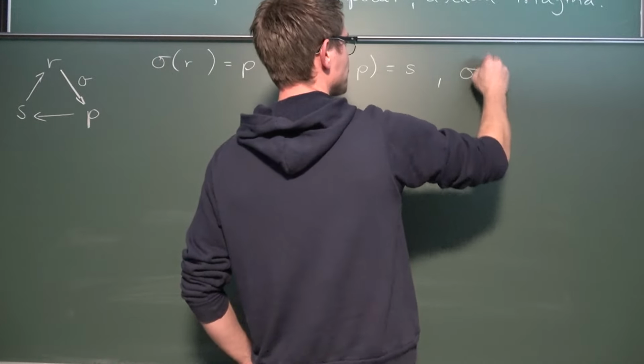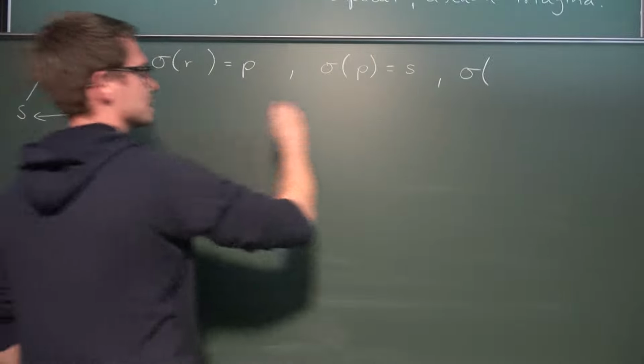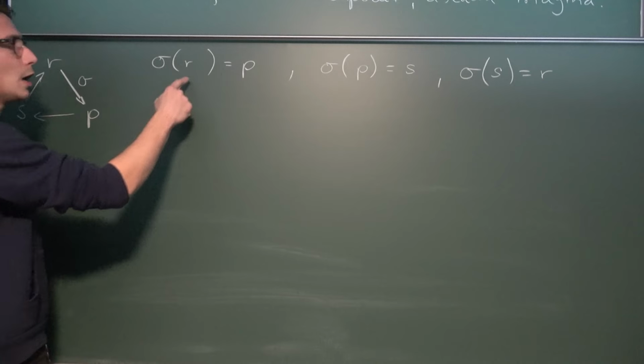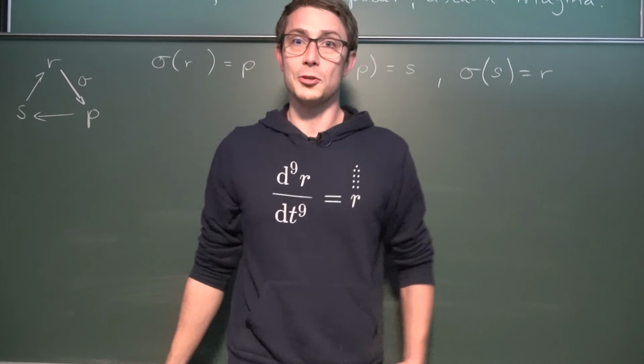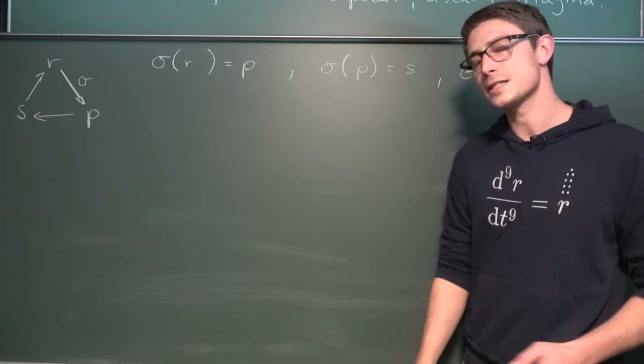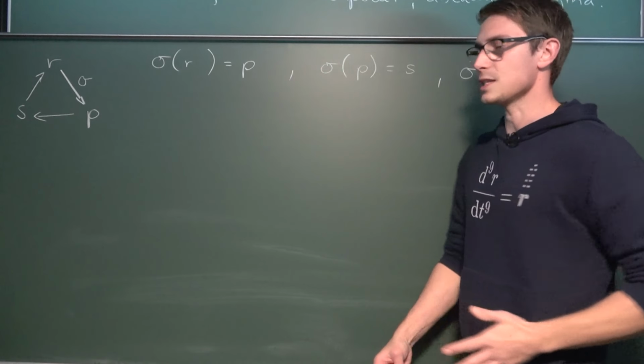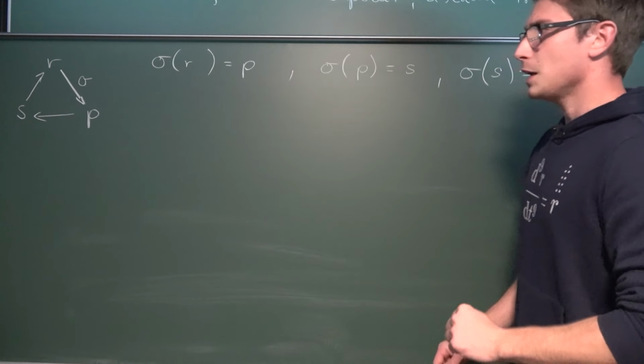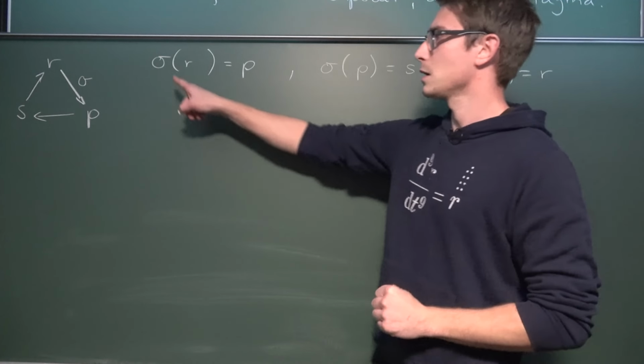And the last one, sigma of scissors, is going to be rock. Now these are our three operations that we can basically do, because our set G only has three elements in there.